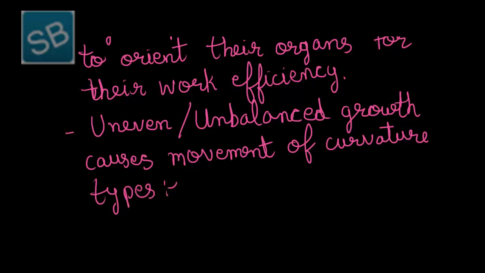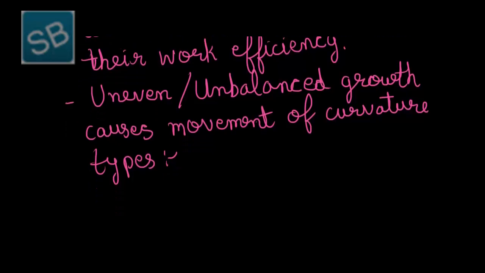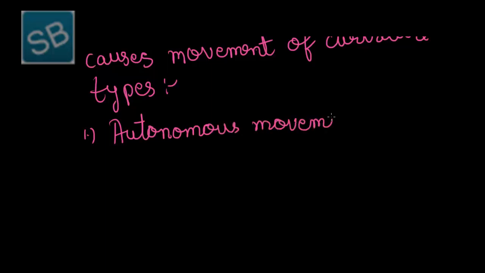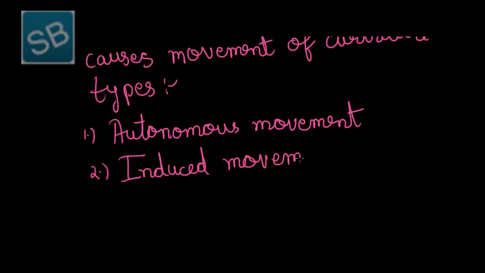Similarly to the locomotory type, curvature movements are also of two types. First, autonomous movement, and second, induced movement. The definition of both these movements is similar to that of the locomotory type, except the movement is in a curved manner. That is, in autonomous, no external factor is involved.